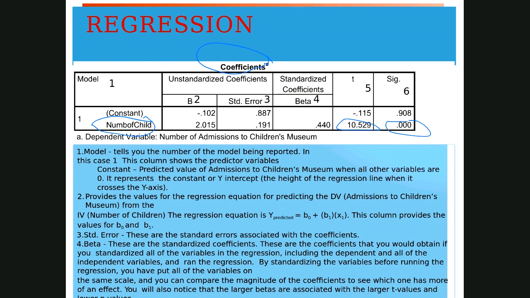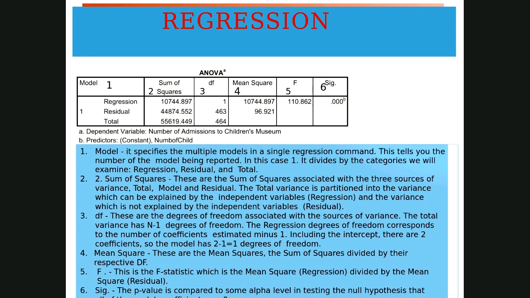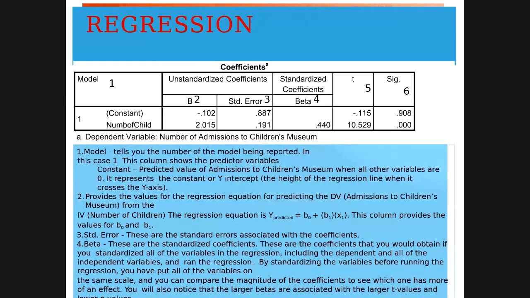But when we only have one predictor, it doesn't give us a whole lot of new information because we already know from the previous slide that number of children is a significant predictor of number of admissions to the Children's Museum. But again, we should still report these numbers. You can report the beta value for number of children and the significance. And like I mentioned, in future weeks when we have more than one variable, we'd be able to look at these beta values and our significance, and we'd be able to see how well each predictor predicts the dependent variable.